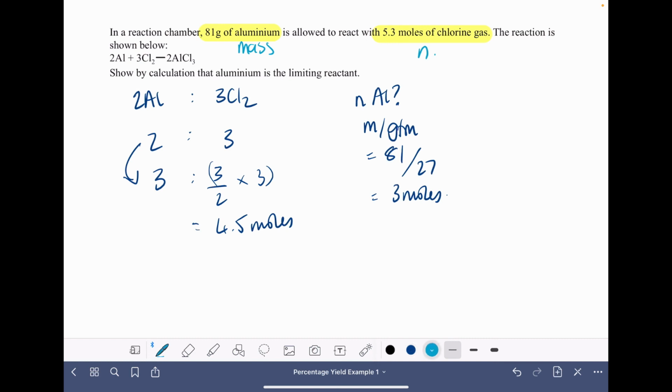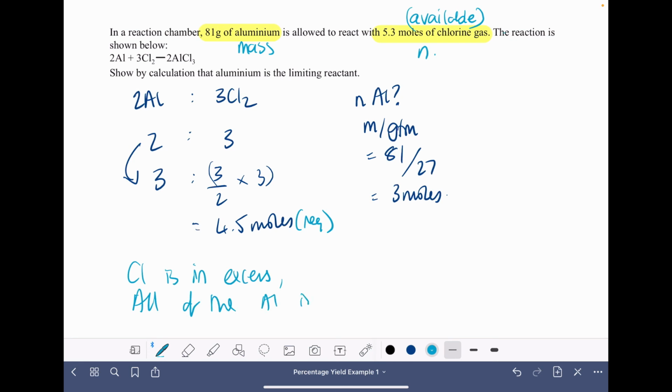This is what is required, and this is what is available. You can see that the number of moles of chlorine that I have available is more than what's required. So chlorine is in excess. All of the aluminium is used up.